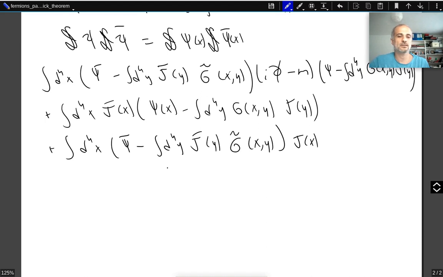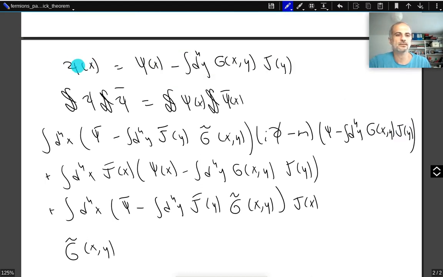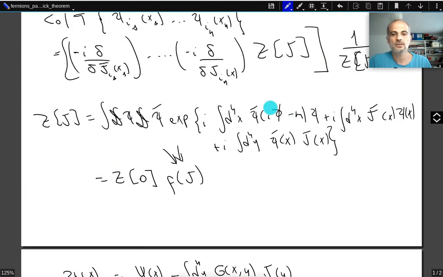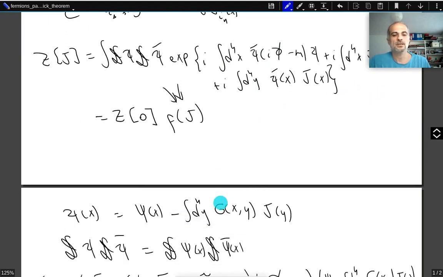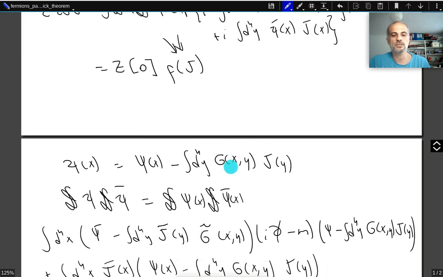Now again, here let me just define what this g tilde x, y is. Well, you see, psi is a column matrix, and epsilon, and hence epsilon, is a column matrix. J itself is a column matrix, so that here in this exponent psi bar j and j bar psi are just numbers, and G over here is just a square matrix.